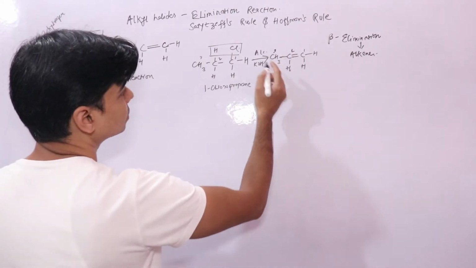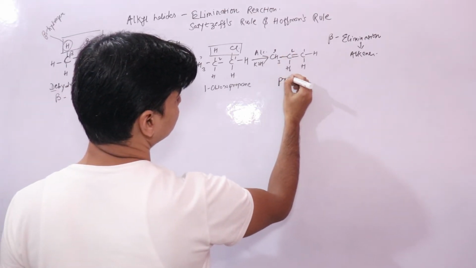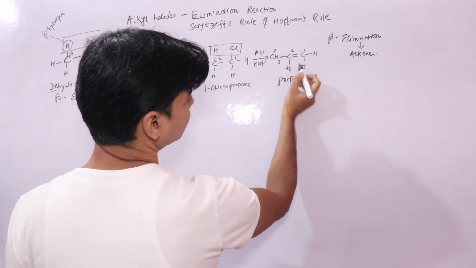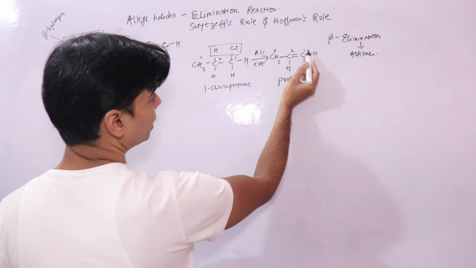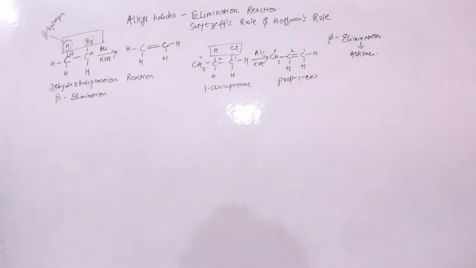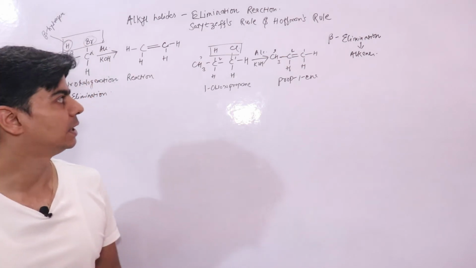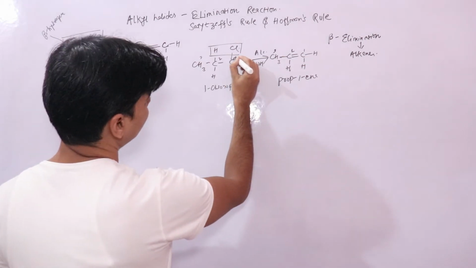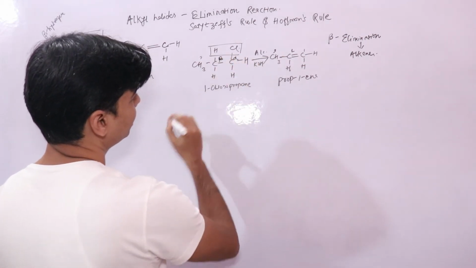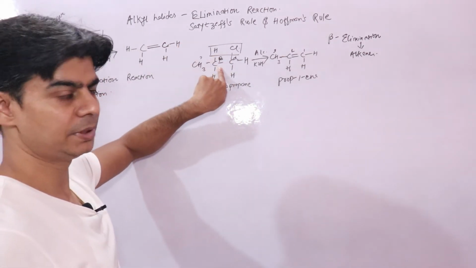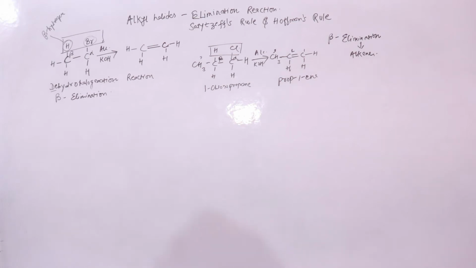So here you will write it as prop-1-ene, where 1 represents the position of the double bond at the first carbon atom. So these are two important reactions, beta elimination reactions. You can see this is your alpha carbon atom, this is your beta carbon atom, so the beta hydrogen is eliminated from the beta carbon atom.